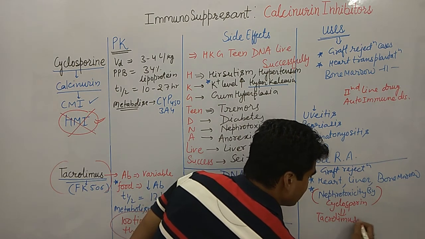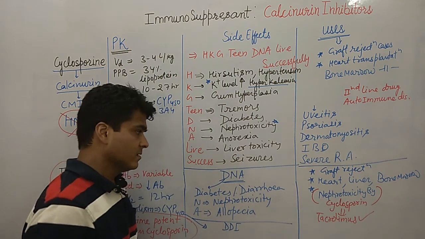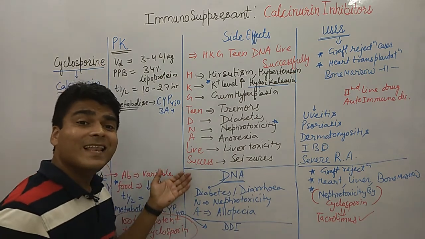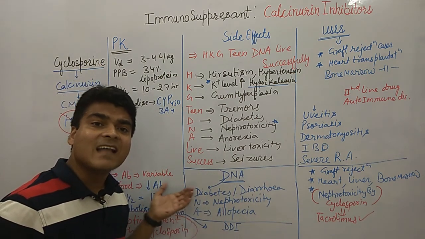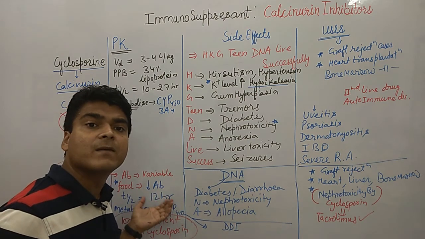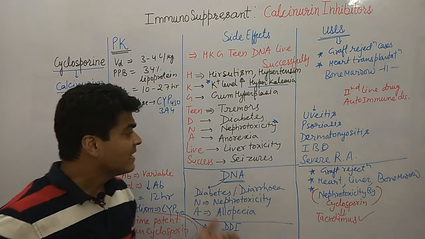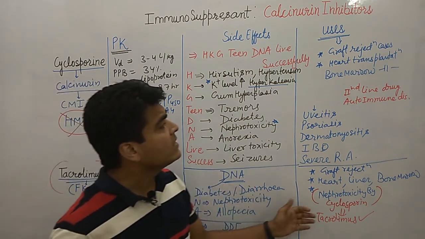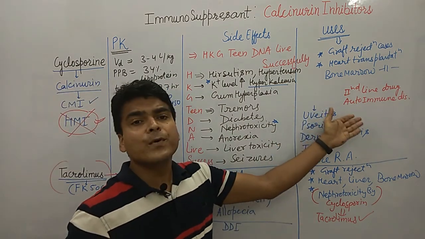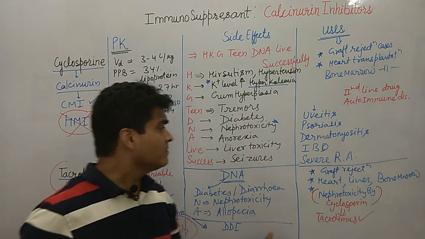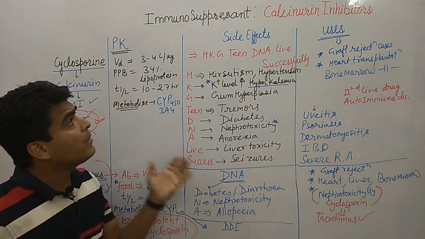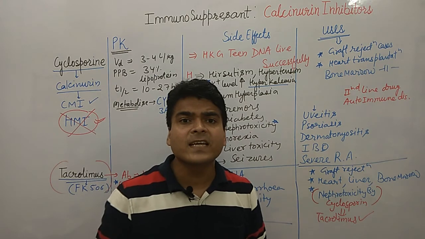Tacrolimus is the drug of choice, and due to lesser side effects, nowadays tacrolimus has become the drug of choice in many transplantation cases, and tacrolimus is also useful in some autoimmune disorders. Clear, everyone? So this is all about calcineurin inhibitors.